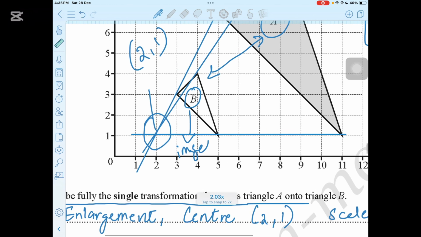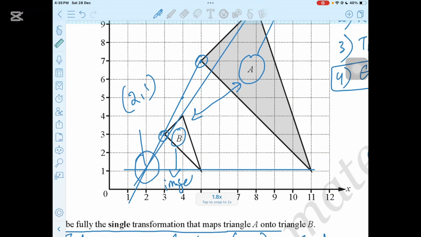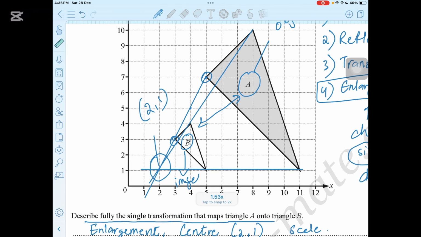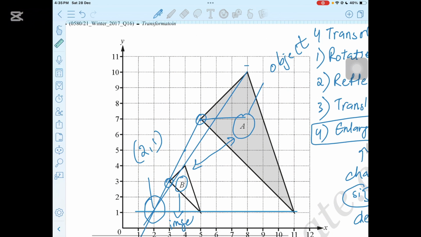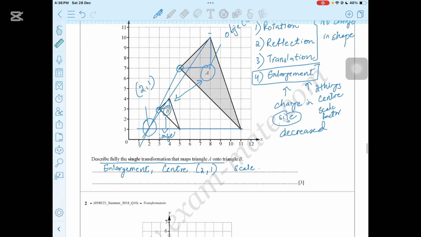So the image from the center is 2 points from here, and this is basically 3 points. So altogether you can see it like this, or you can just measure the distance. So this is 3 and this is 3, and this has changed from 1 and 1. So there is a decrease.